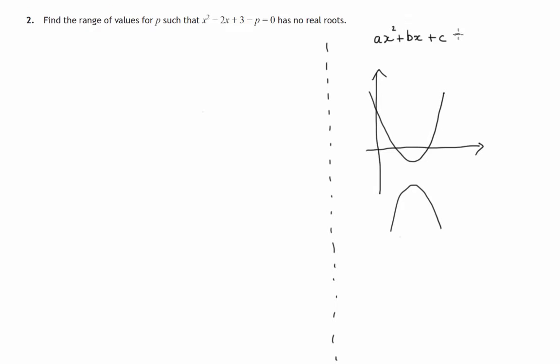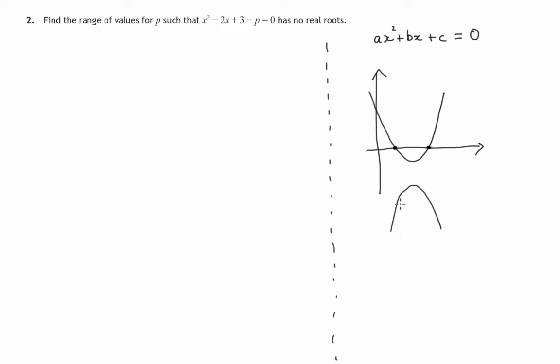If we're asking for values of x where the value of this expression is 0, then we're looking at x values here. There's where the height of the graph is 0. We're looking for intersections of this graph with the x-axis, and that's where we'll find the roots of this equation.